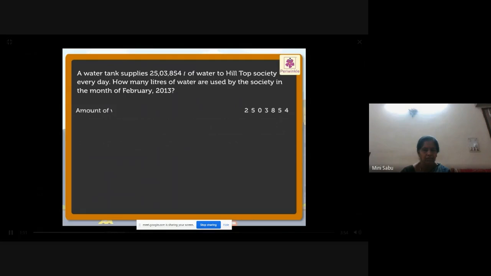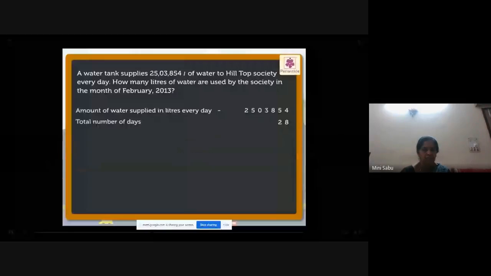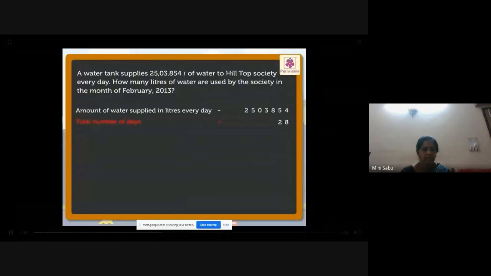25,03,854 liters of water was supplied to Hilltop Society every day. So we write the statement as amount of water supplied in liters every day, 25,03,854. Now, 28 are the number of days in the month of February 2013. So, we write the statement as total number of days 28.